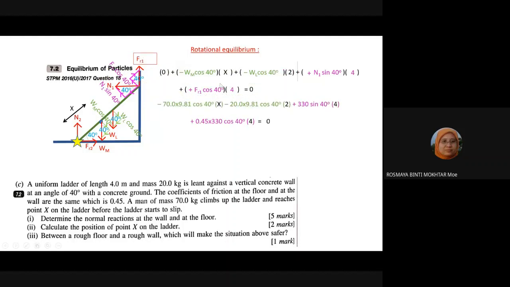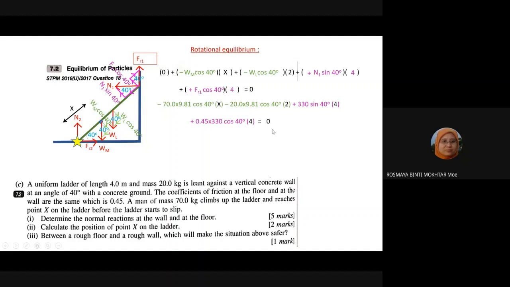Okay, so we substitute WM, 70.0 times 9.81. WL is 20.0 times 9.81. And then N1 from the previous question, 1C1, we get 330. And then friction 1 is mu N, so N is 330, mu is 0.45.